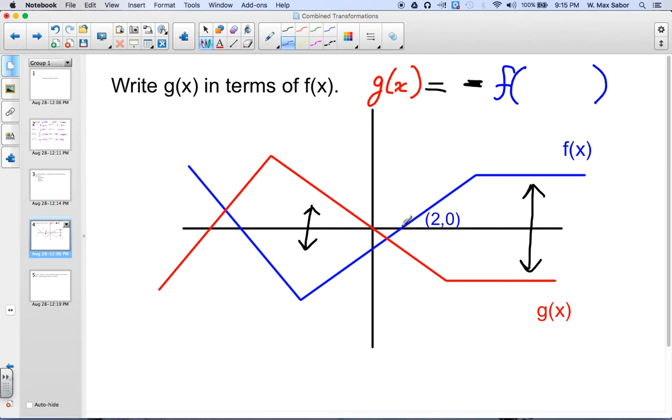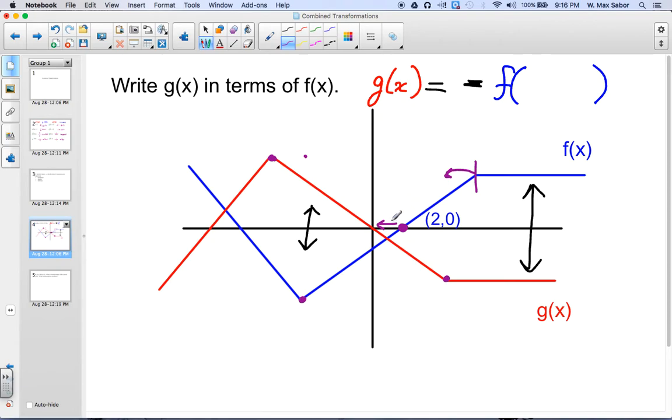If we just had a reflection, this point, 2 comma 0, which is on our original f of x, would stay in place as 2 comma 0. But I think it's clear that this is moving to the left. This point on f of x not only got reflected across, it also got translated left.